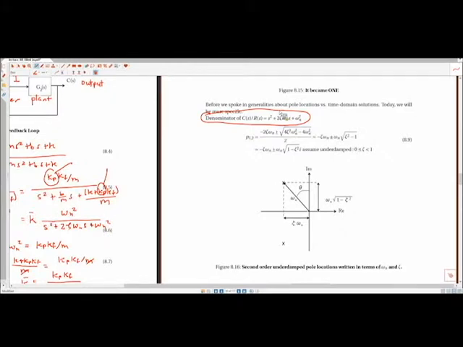If we simplify this, the square root squared just simplifies into 1 minus zeta squared, which means this term and this term cancel out. And we get that the radius of that pole location to the origin is the natural frequency.